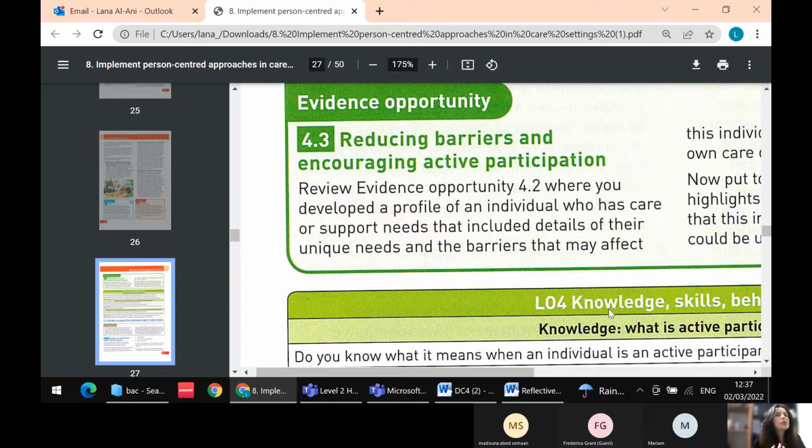I need to understand what their barriers are to be involved in the activity, to actively participate. So when I understand my client, then I can act on it. For me, as a carer, it is very important to understand my own clients, to understand the barriers to good communication, if they have any barriers to active participation.